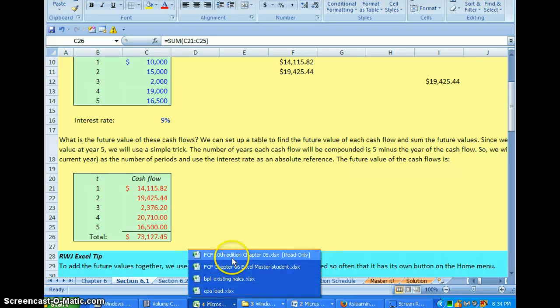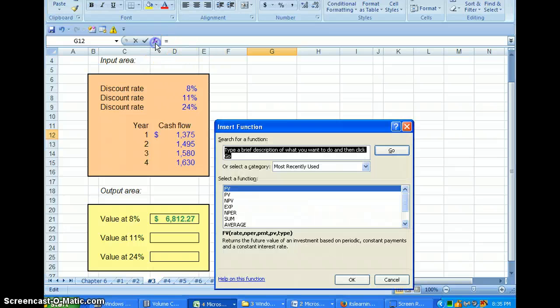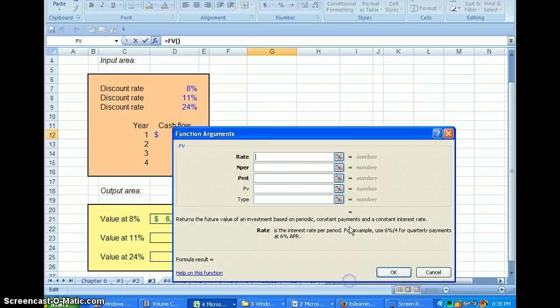Now getting back to the project, what we're going to do is we'll do each one together. So we're going to start with future value. The rate is going to be 8%.